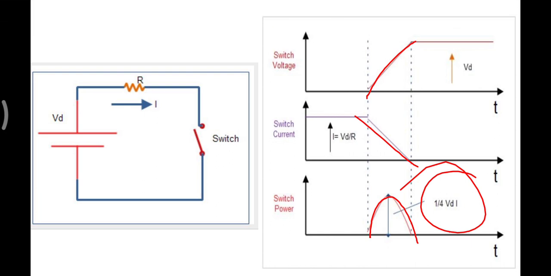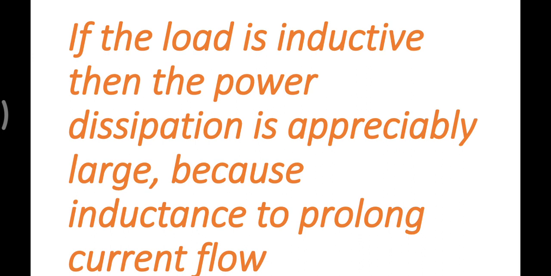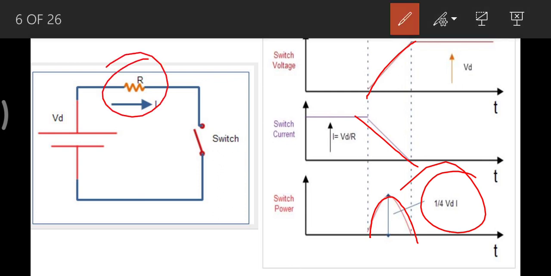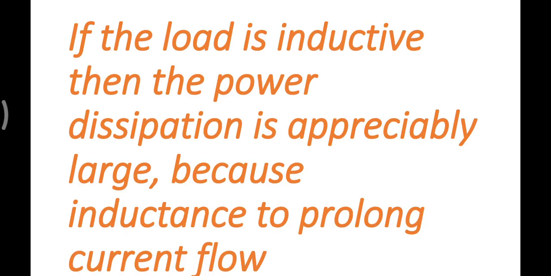In a similar way, if you use an inductive load instead of a resistor, then this loss will increase more. Why do these losses increase more? Because there is a prolonged current flow. In an inductive circuit, an excess of current will be raised.